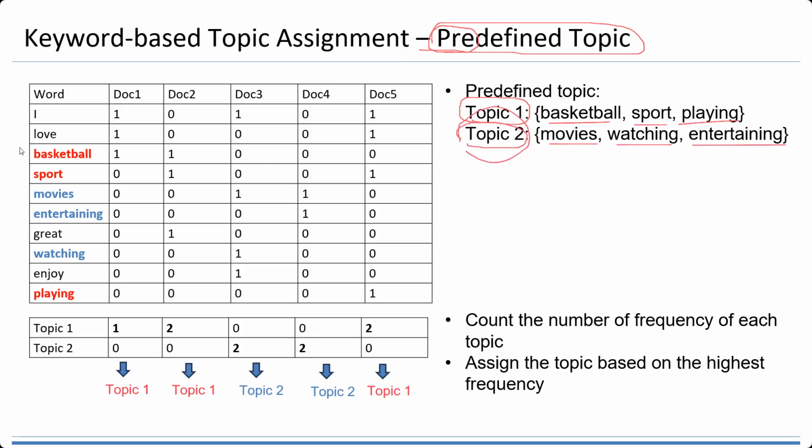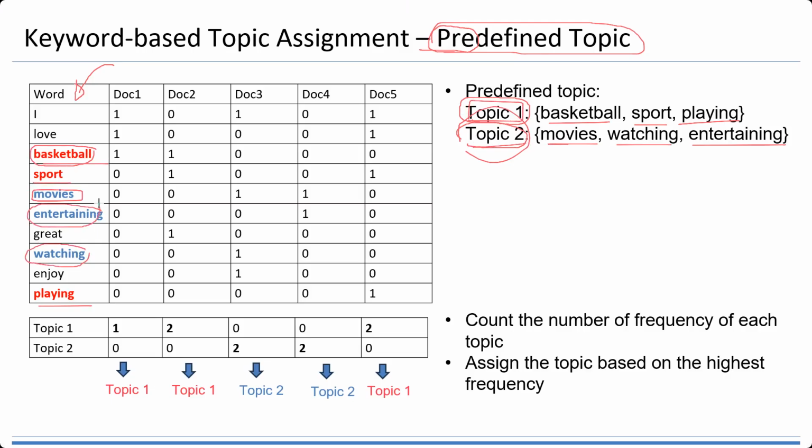Then we can make the term document matrix into color. For example, the red color indicates topic one: basketball, sport, and play. Topic two is related to movie, in the blue color, watching, and entertaining.